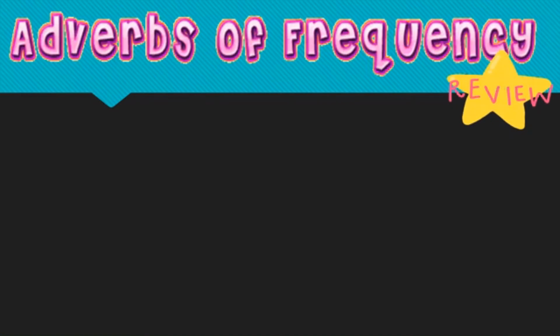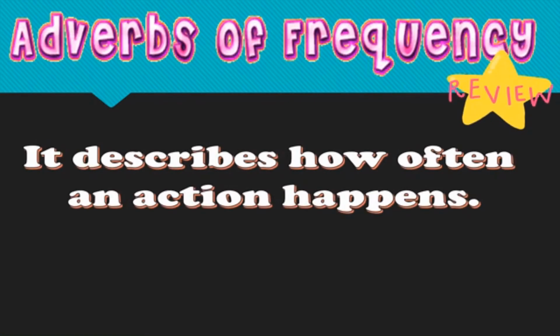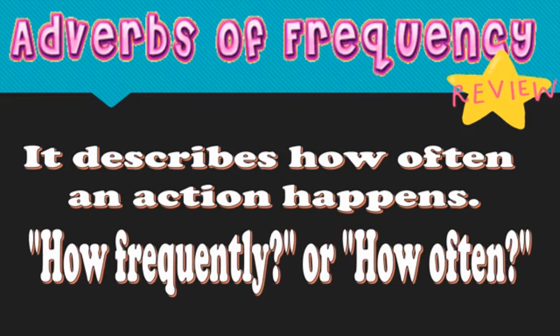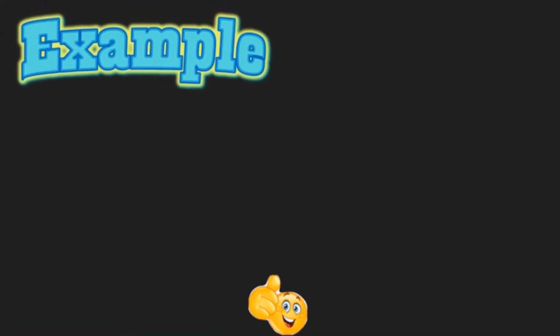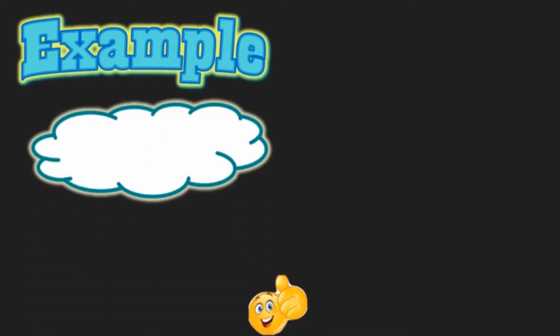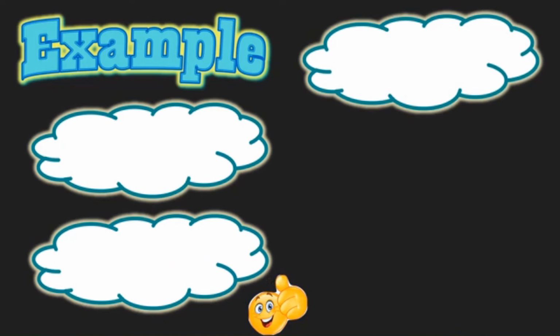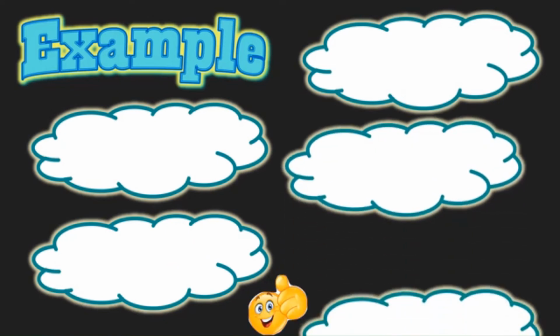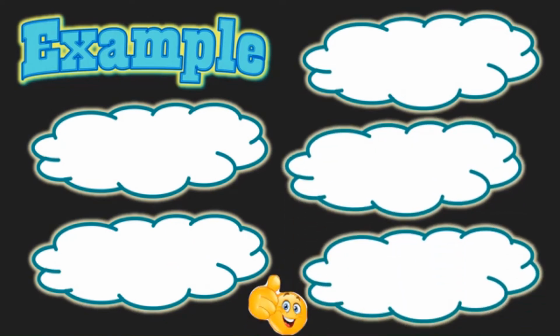Adverbs of frequency describe how often an action happens. They also answer the question how frequently or how often. There are a lot of adverbs of frequency, but we will only focus on 5 adverbs of frequency.